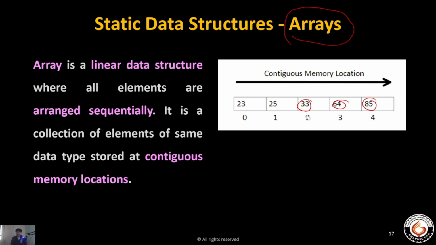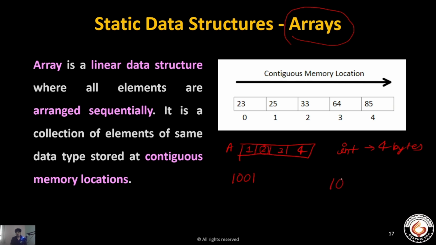And what do we mean by contiguous memory location? Contiguous means one after another, adjacent to each other. For example, if we have an array A of integer type, and we know the size of an integer is 4 bytes. So if there are the elements 1, 2, 3 and 4, and it starts from the memory address 1001, what will be the address of the next data element?